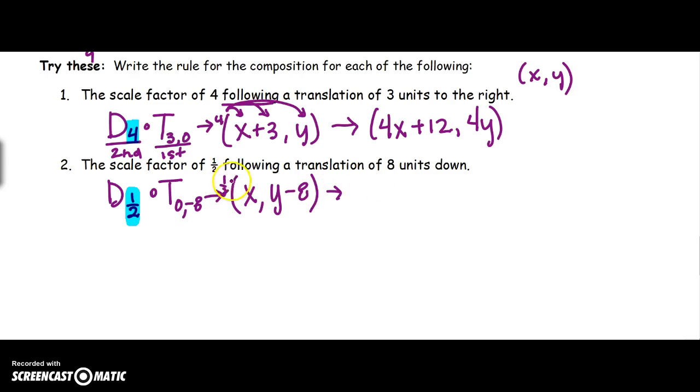Everything in here gets multiplied by 1/2, even the negative 8. So you're left with 1/2 x, 1/2 y minus 4, because 4 is half of 8. That is your composition of the scale factor of 1/2 following a translation of 8 units down.